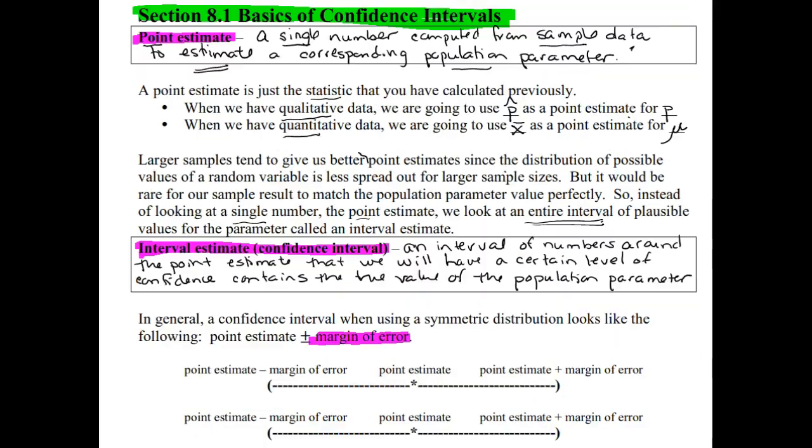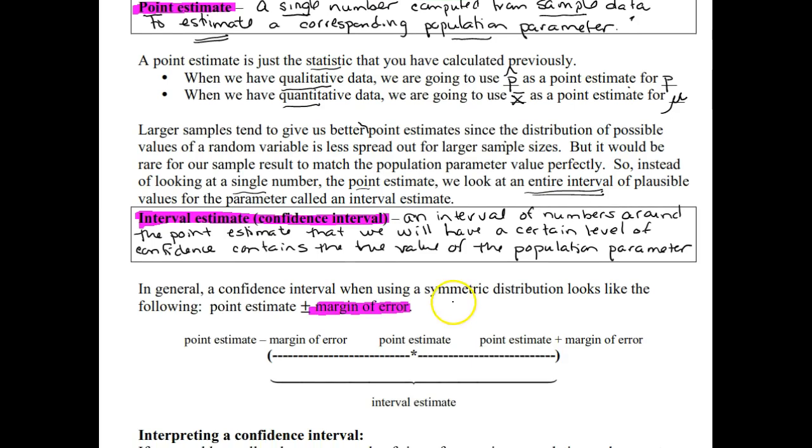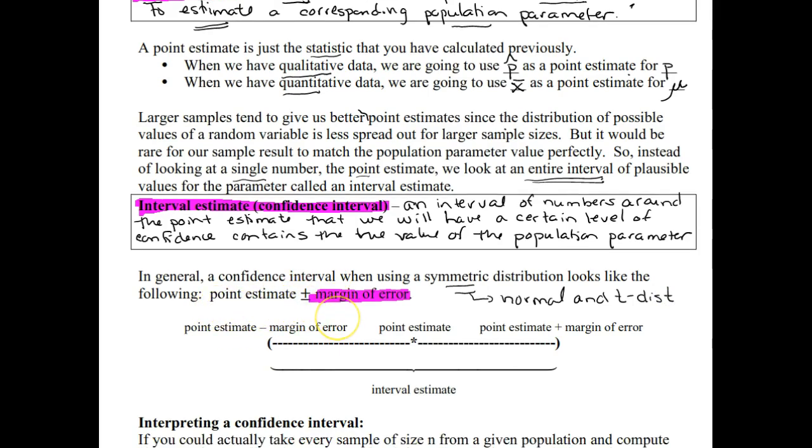So now in general, a confidence interval, when we're using these symmetric distributions, so right now as we're looking at normal and t distributions, those are both symmetric bell-shaped curve distributions. In that case, our confidence interval is going to be this point estimate, give or take some margin of error.